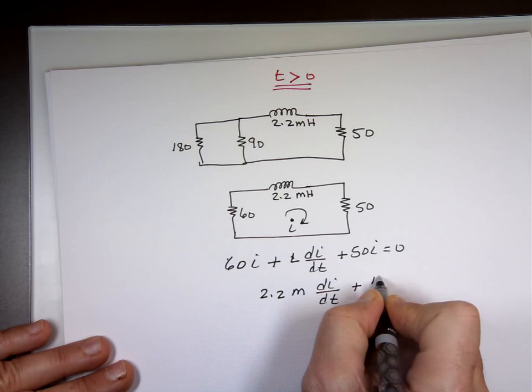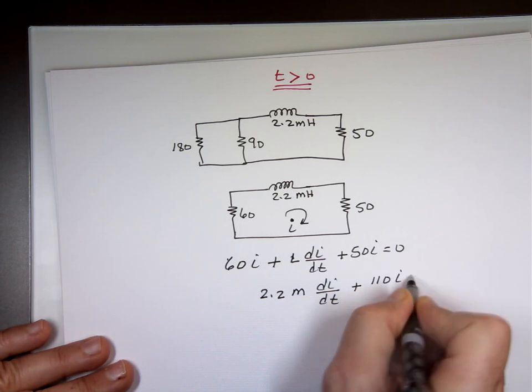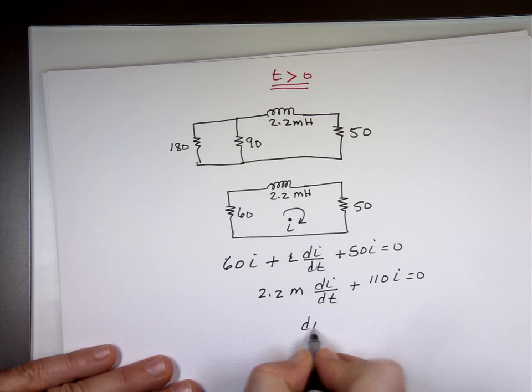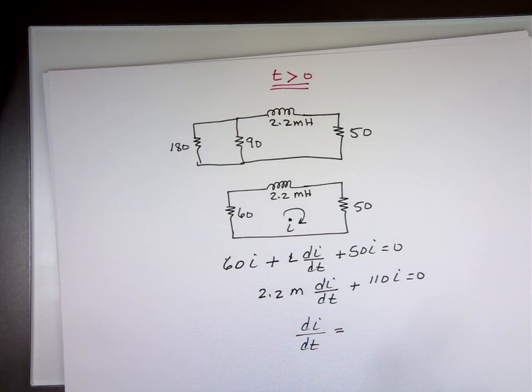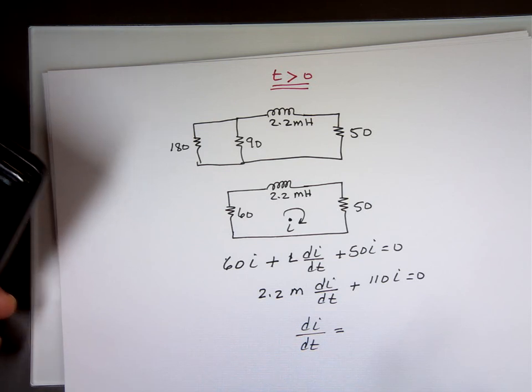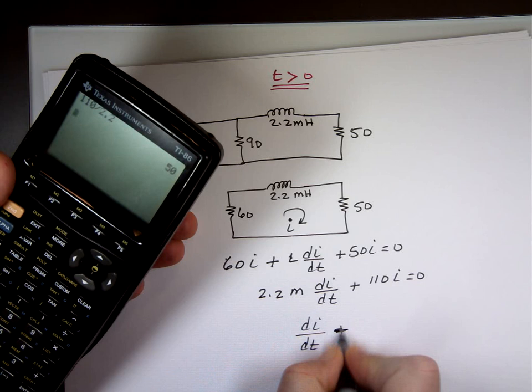Divide by 2.2 milli. It says 50 on my calculator. I don't trust myself today. So if somebody wants to verify that, you can.